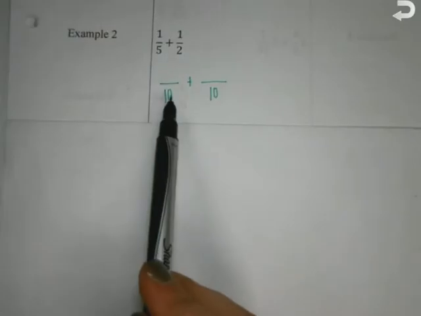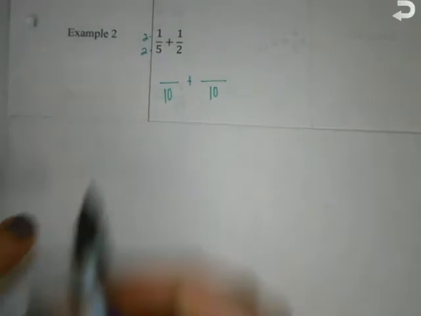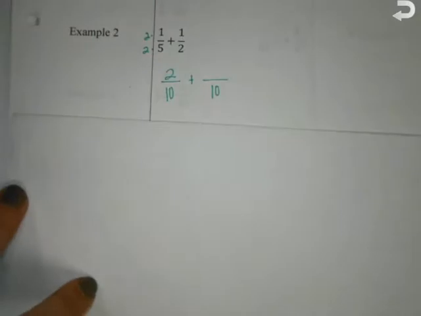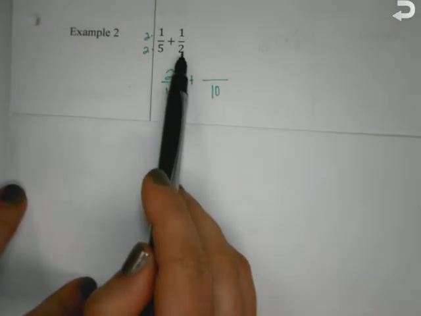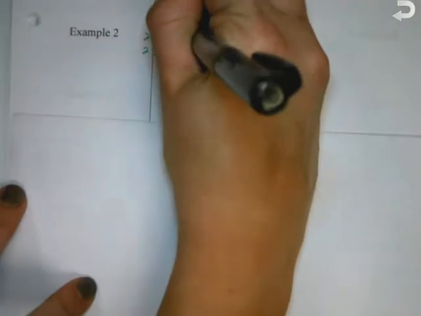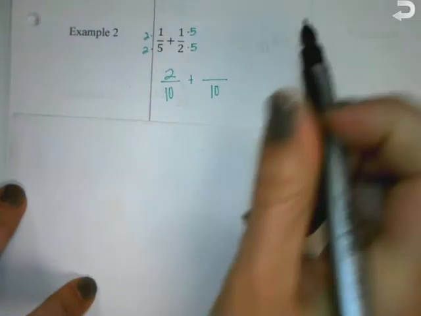Okay, so to get the denominator of 10, I need to multiply 5 by what? By 2. And remember, I multiply the top and the bottom. So 2 times 1 gives me 2. What do I multiply the second fraction by? 5. Good. So 1 times 5 is going to give me 5.